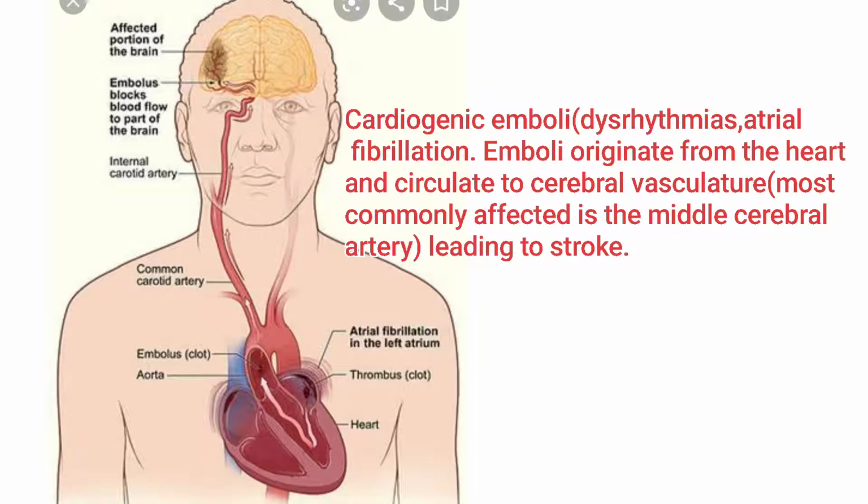There is abnormal rhythm of the heart, and in atrial fibrillation, which is a very rapid irregular contraction of the muscle fibers of the heart, resulting in a lack of synchronism between heart and pulse. So this emboli originates from the heart and circulates to the cerebral vasculature. It affects the left middle cerebral artery most, leading to stroke.